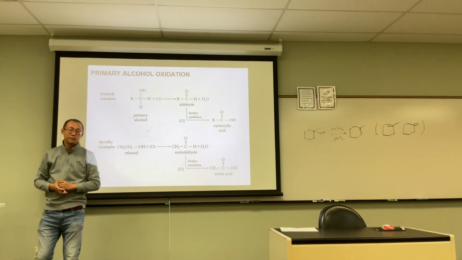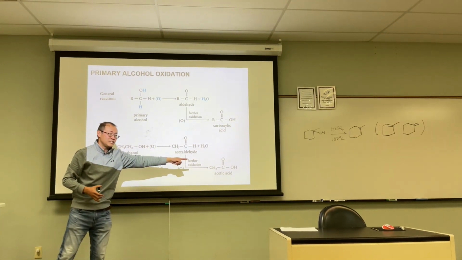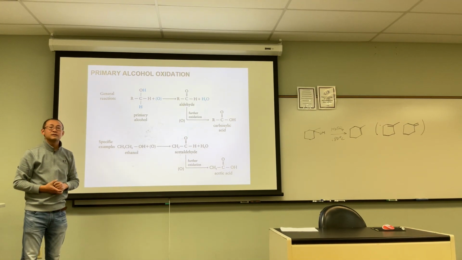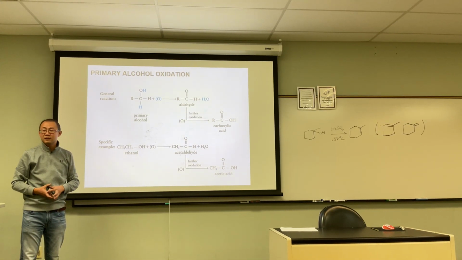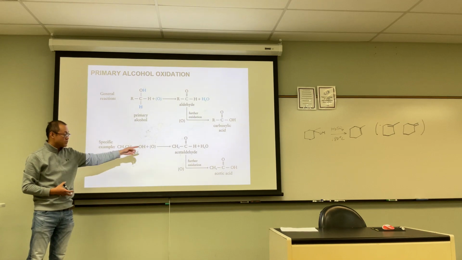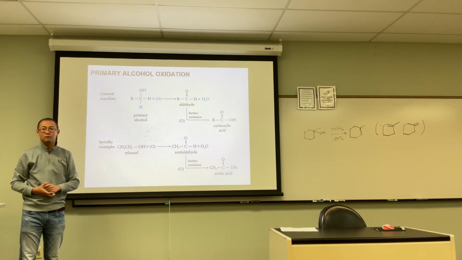Okay, this is an aldehyde. Of course, the aldehyde will be further oxidized to a carboxylic acid, acetic acid. This is the reaction that actually happens in a hangover. This is what happens to straight alcohol in your liver. Your liver does this reaction after you drink wine, beer, liquor. It does it a lot, depending on how much you drink.